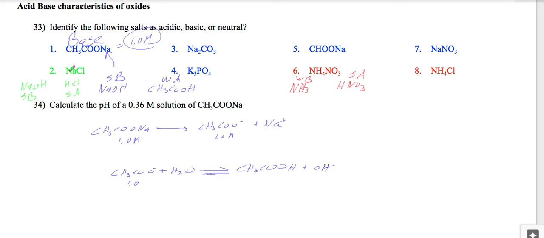If it's a positive ion, you look to see what makes sense in terms of its piece. So sodium is going to be with hydroxide. The cation here is going to become ammonia. So the cations are our basic piece, whereas our anions are our acid piece.